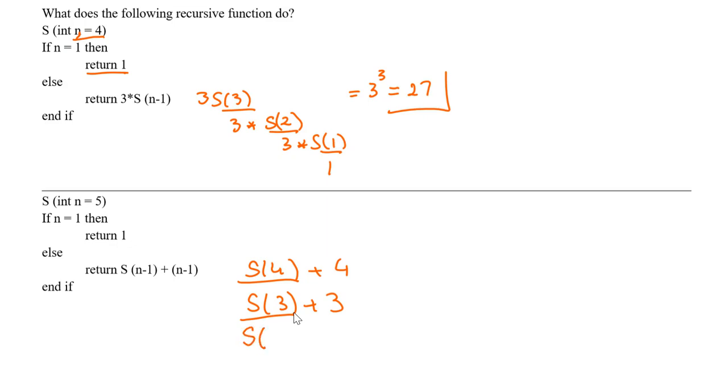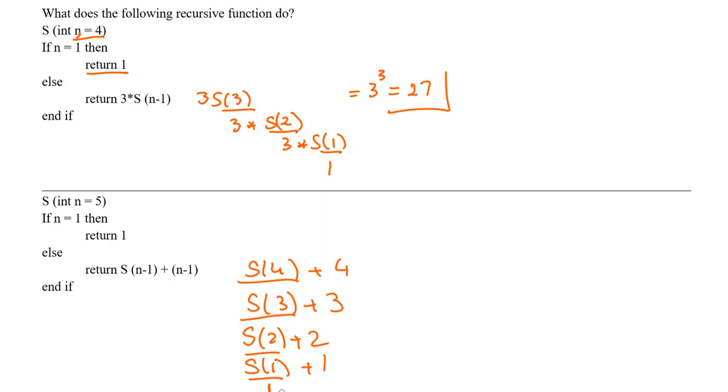So s2 plus 3. Then when n is 2, it's gonna call and go else, and then do s1 plus 2. And then when n is 1, it will return 1.